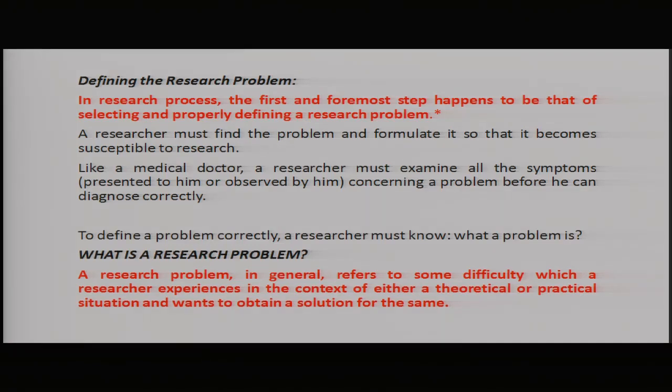Like a doctor, a researcher must examine all the symptoms presented to him and observed by him concerning a problem before he can diagnose correctly. So a problem is some difficulty or some finding which does not yet exist in the literature. So that is the problem.